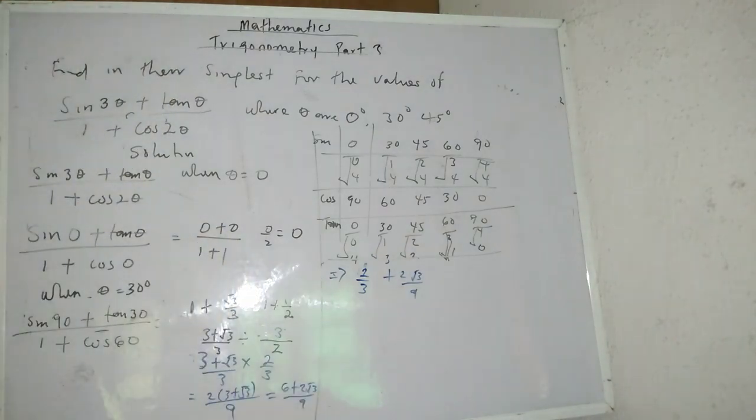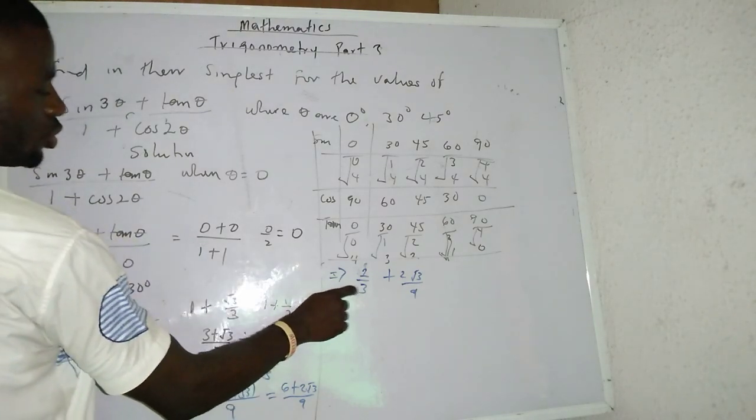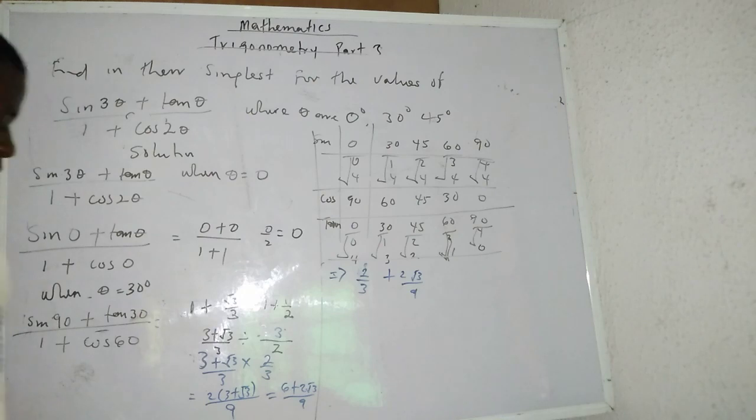That is my short form. Anytime you are asked to express something in short form, the denominator must not be a root. If that happens, you are to rationalize. Now, can we continue?